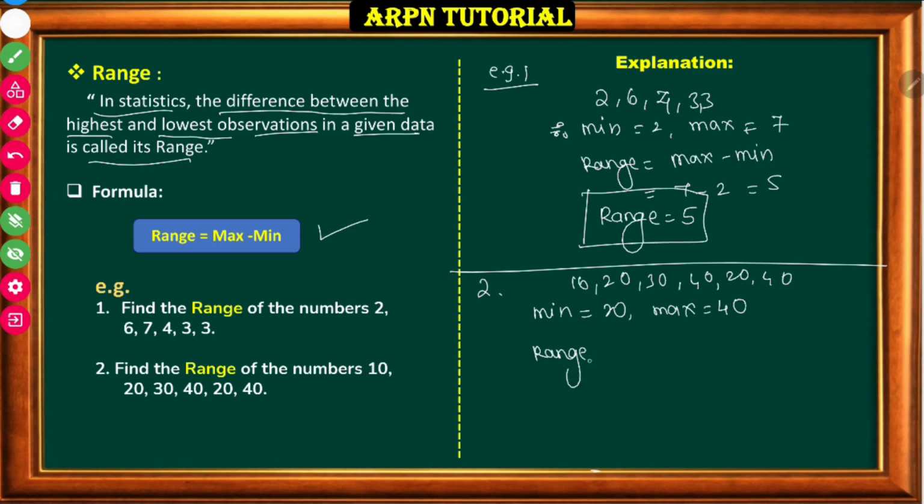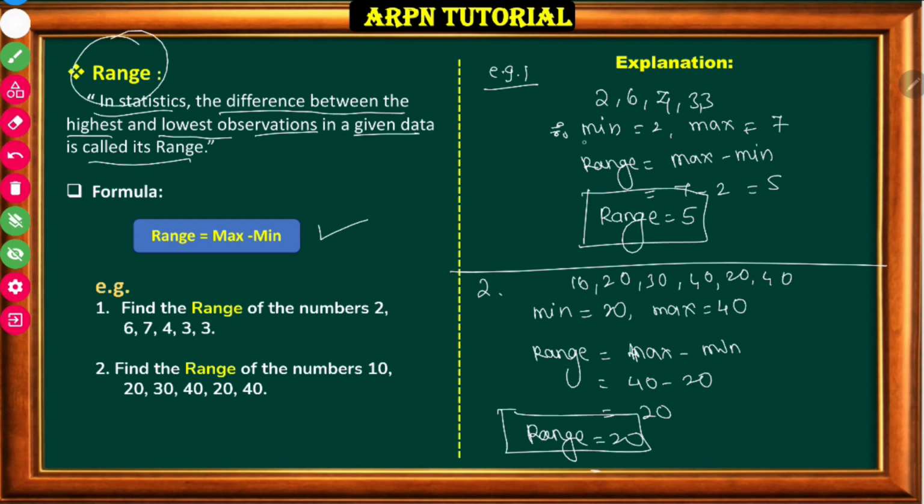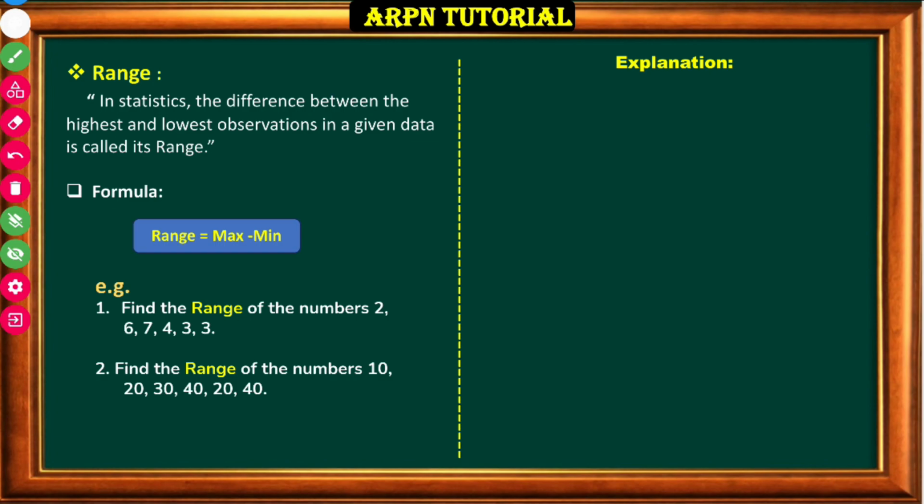Range is equal to max minus min, 40 minus 10 is 30. This is very simple. You just have to find the minimum and maximum, and then you can simply find the range. Okay, all right.